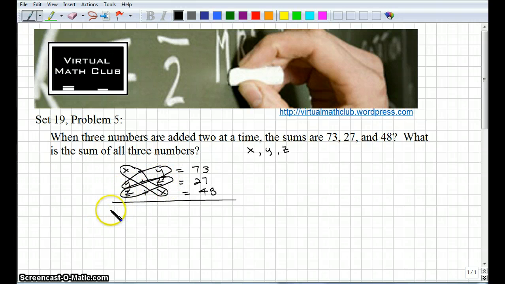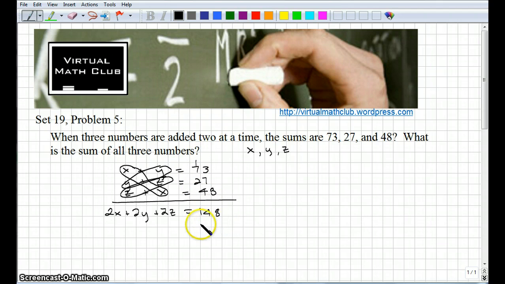Alright, so I'll end up getting 2x plus 2y plus 2z, and that will add up to, if I add all this up, this is an 8, it's 18, so what is that, 148, right? Because I have 10 plus 4, that's 14, okay.